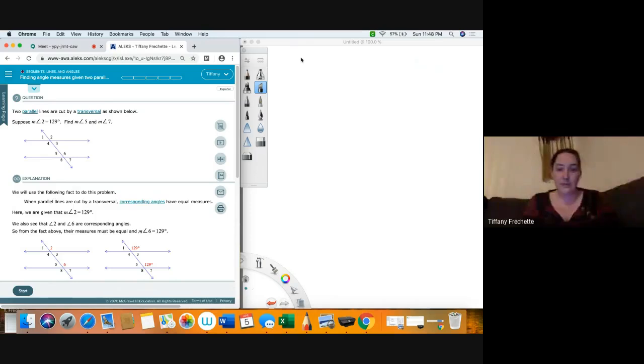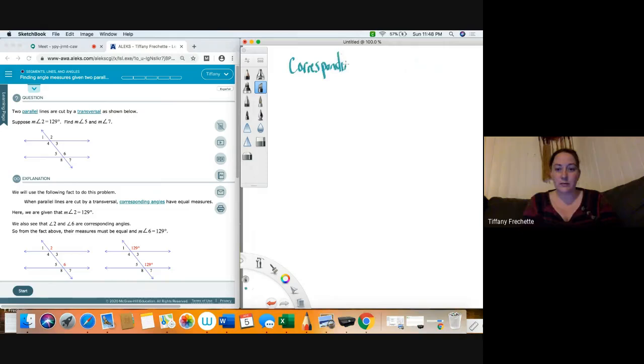So the first one that they have down here is corresponding angles. And corresponding angles are congruent. And I'm going to draw my figure like this.